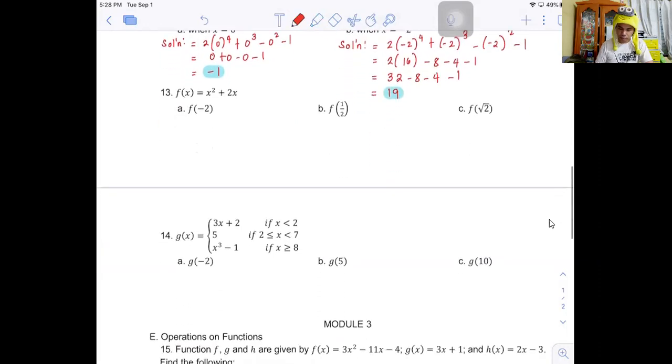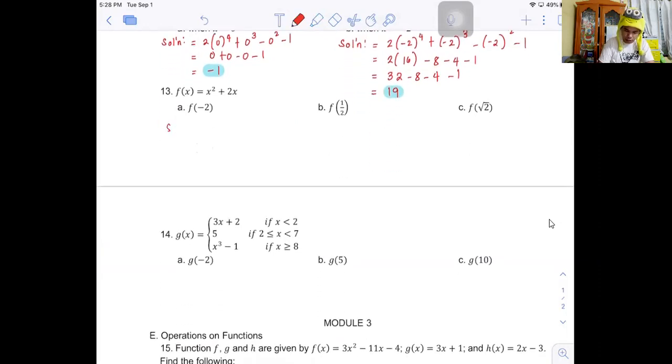Okay. For number 13, so we have here, so negative 2 squared plus 2 times negative 2. So this is 4 minus 4. The answer is 0.